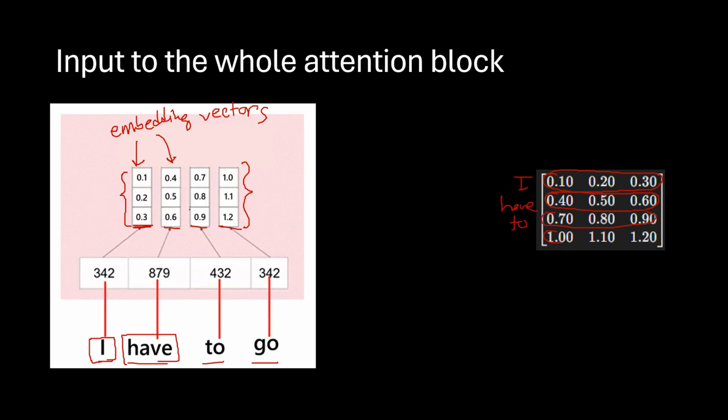The fourth one is corresponding to go. So this matrix of embedding vectors will be the input to our overall attention block, and the output will be another matrix. We'll go through the procedure of how the output matrix is produced from this input matrix.